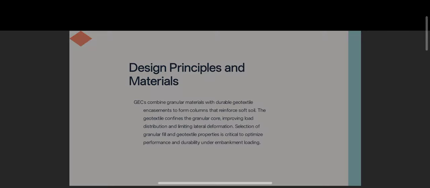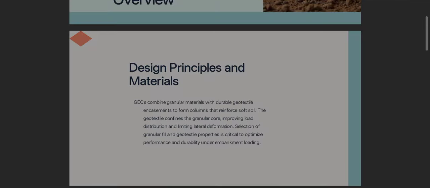Design principles and materials. The design of geotextile encased granular columns aims to improve the load bearing capacity and deformation behavior of soft soil deposits by providing additional lateral confinement to the granular column. Unlike conventional stone columns, the encasement allows GECs to function effectively even in extremely soft soils with undrained shear strength lower than 15 to 20 kilopascals.